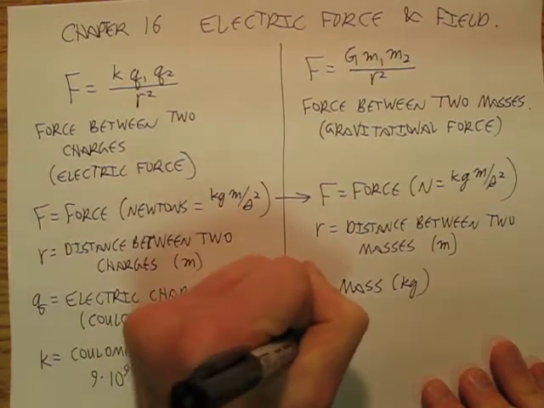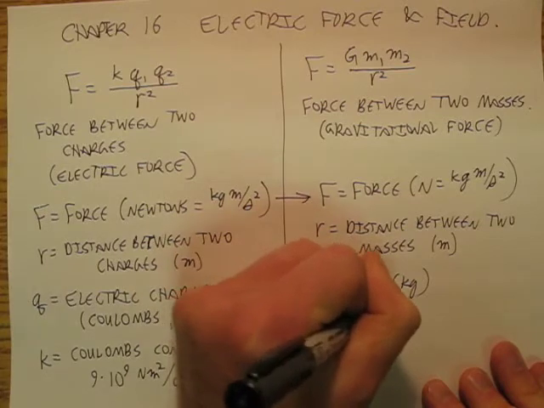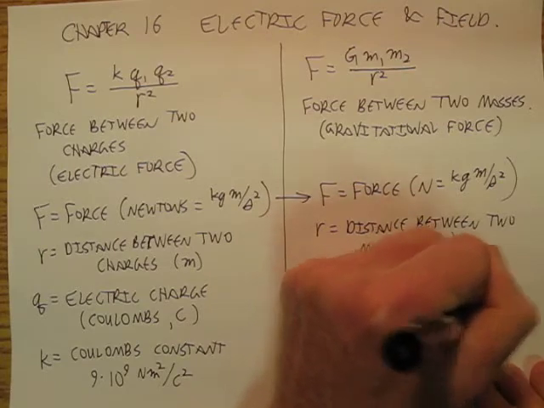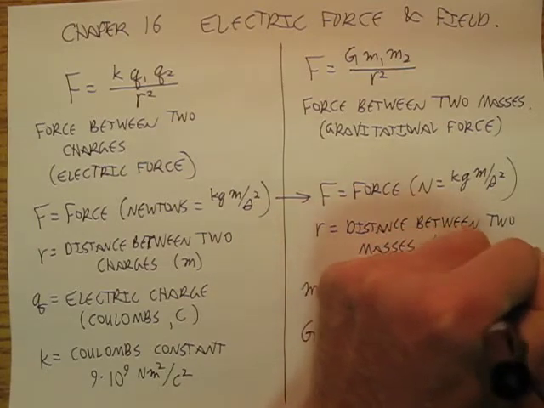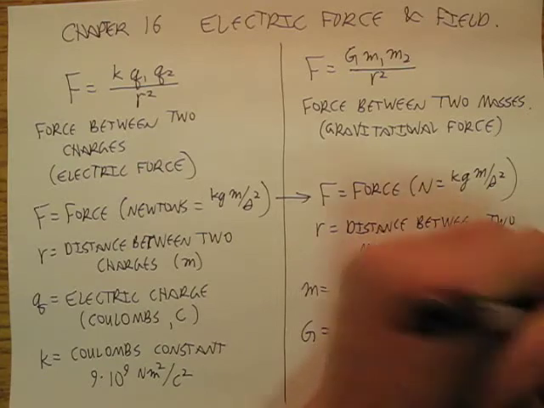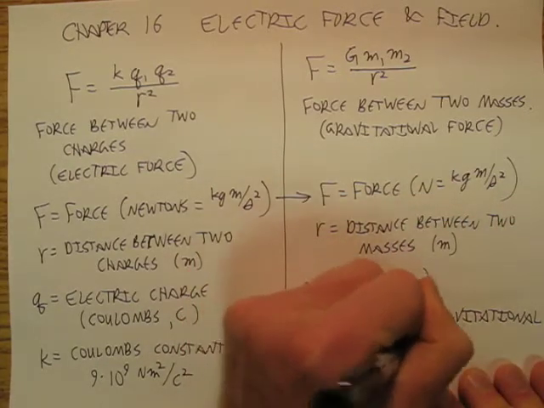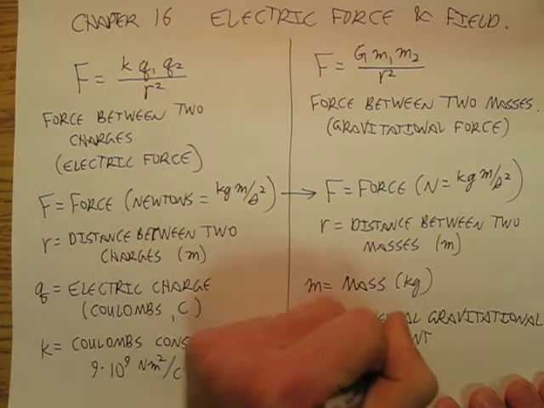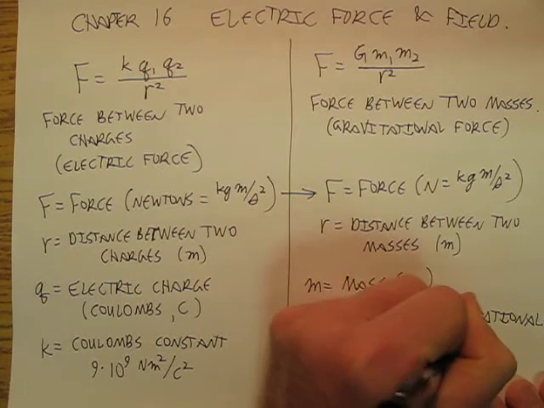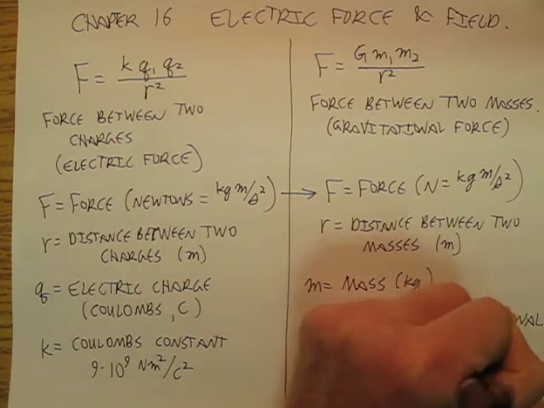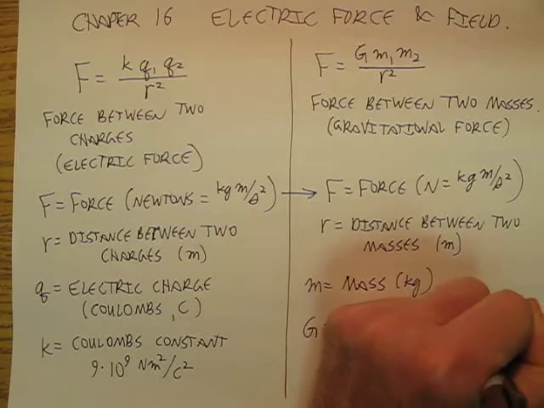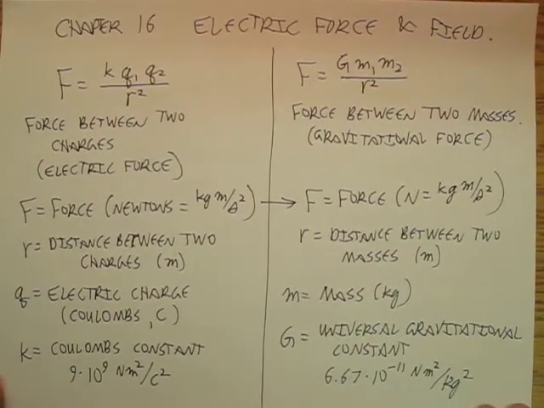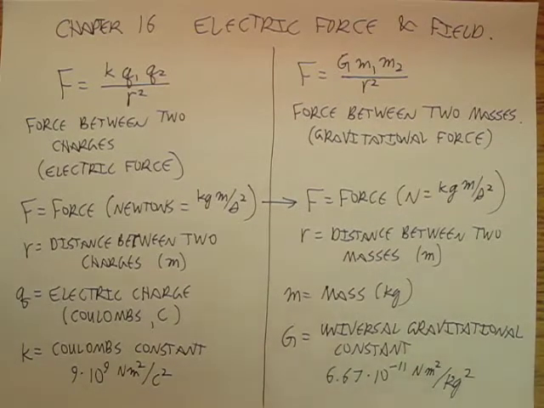And over here, G is the universal gravitational constant, and it is 6.67 times 10 to the negative 11th newton meter squared per kilogram squared. Okay, so there's our two equations.